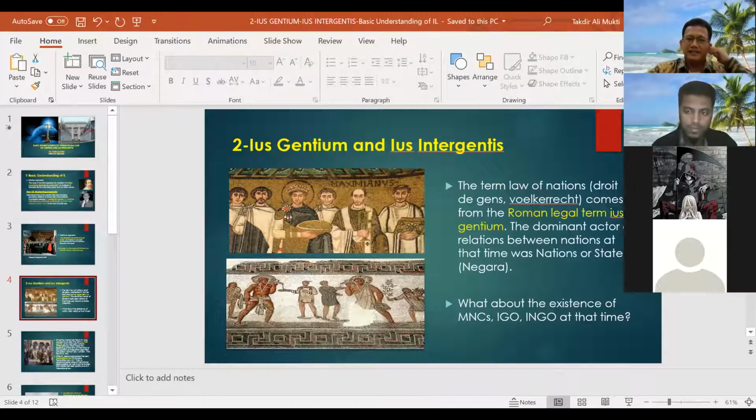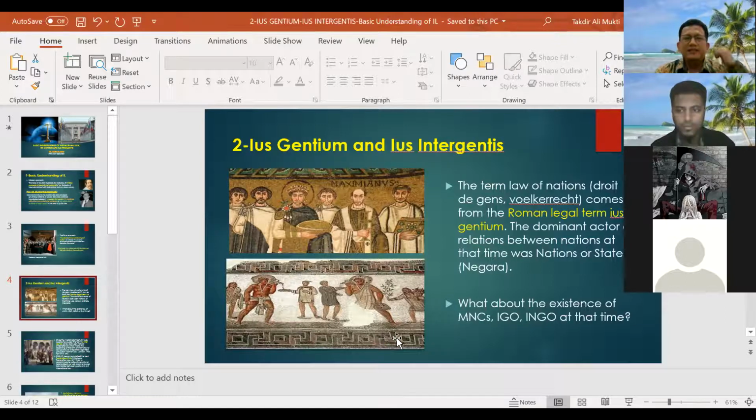So you can see in this picture that the agent of peace is absolutely a representation of a country or government. There is no NGO at the time. There is no non-governmental organization at that time. But formal diplomatic officials as representatives from each government discuss and negotiate.